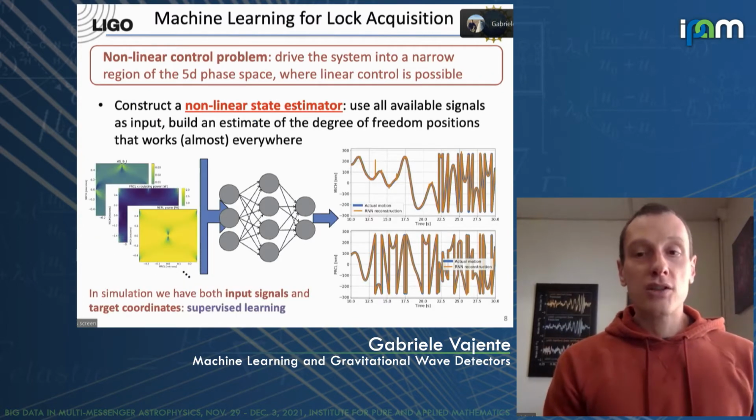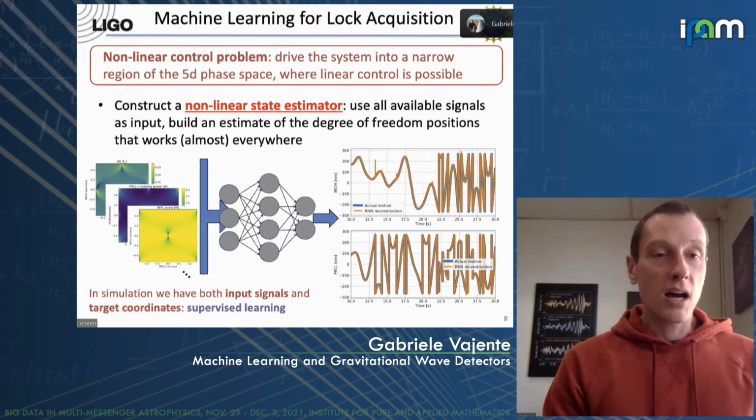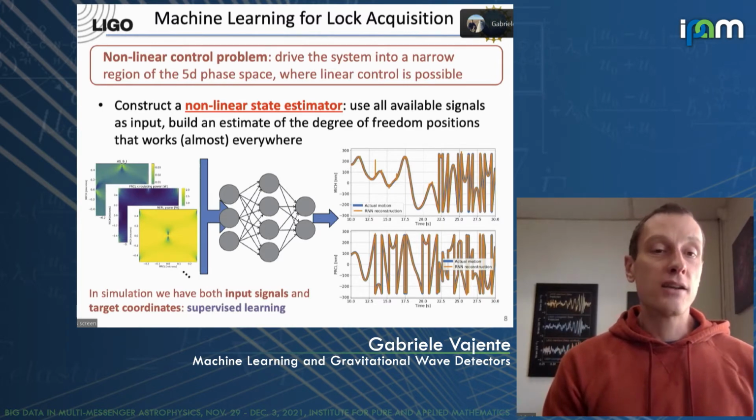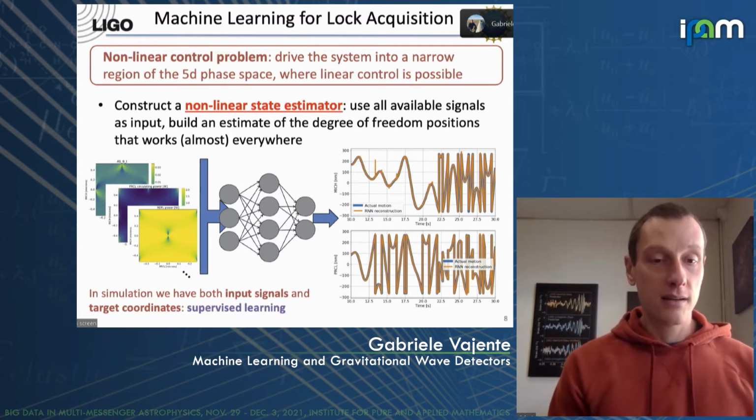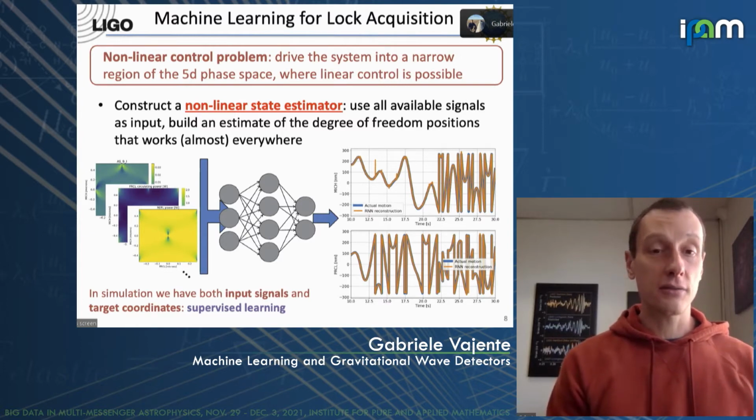So another approach that we are trying to work on is to tackle this as a nonlinear state estimator problem. We have a problem where we can read out a set of signals from our detector that are nonlinear functions of the state of the system.